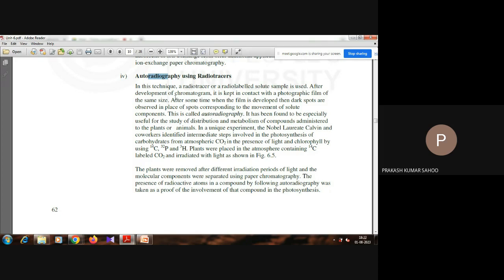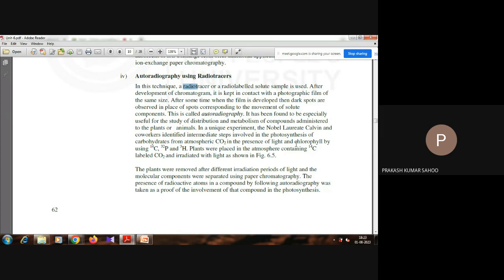After some time, when the film is developed, dark spots are observed in place of the spots corresponding to the movement of the solute. This is known as autoradiography. When the film is developed, the dark spots are generated automatically as these are radioactive samples.